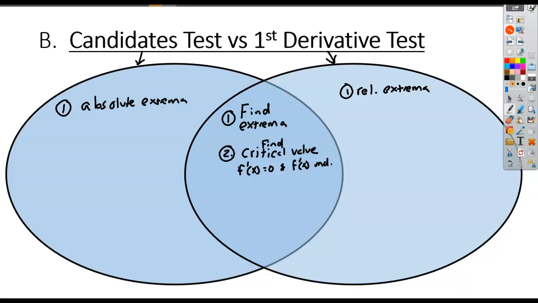But what's different is that for absolute extrema, you plug critical values only into the original function, so that way you can find the y values.